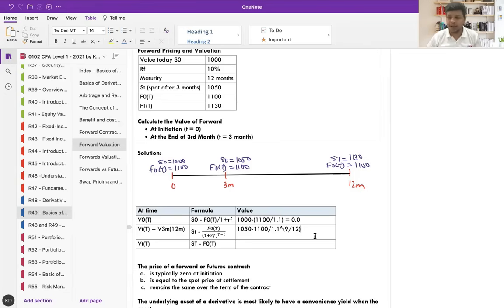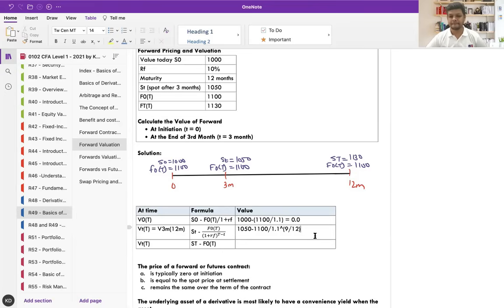How are you going to do that? First, press 1.1 in your calculator. Now do raised to 9 by 12, which is 0.75. So you can directly do 0.75, or you can do 9 divided by 12 and then equal to. Anything is fine. So now press y to the power x, 0.75, equal to. You'll get 1.074.